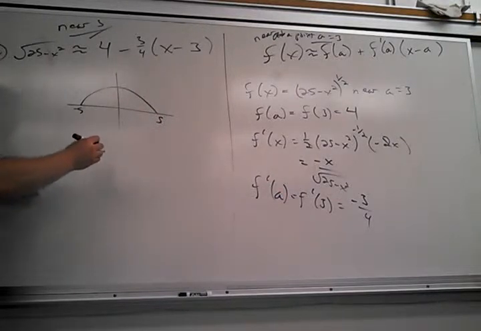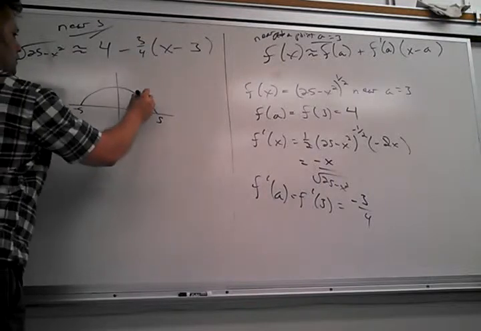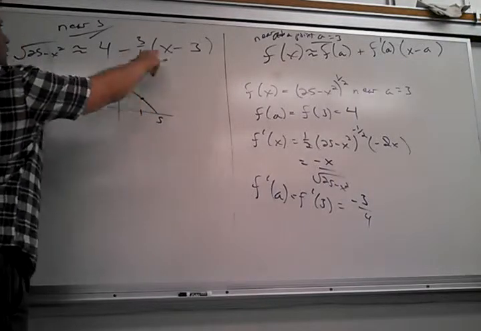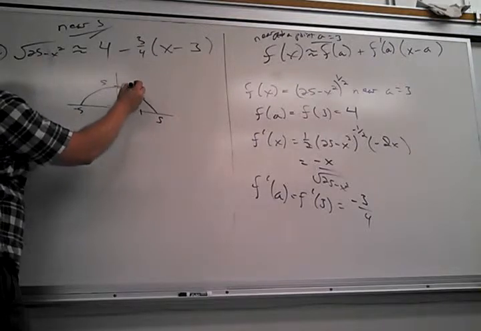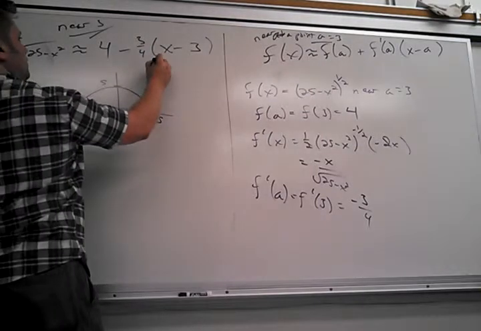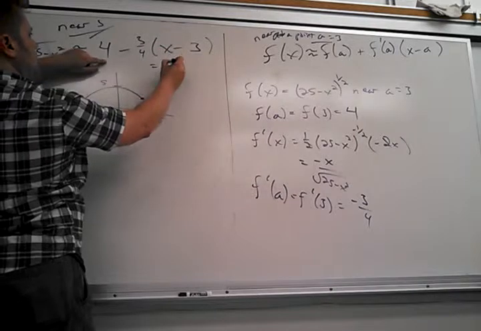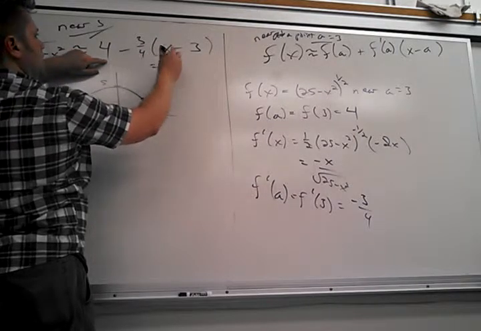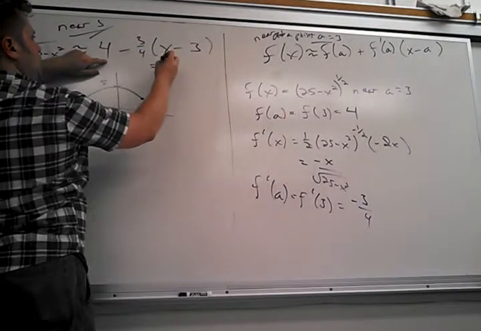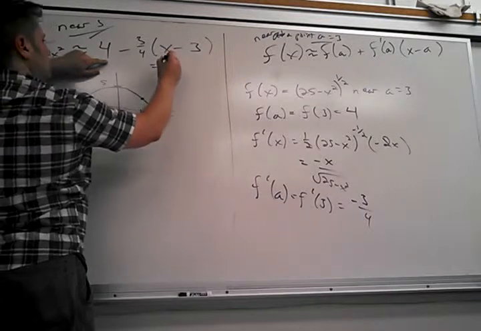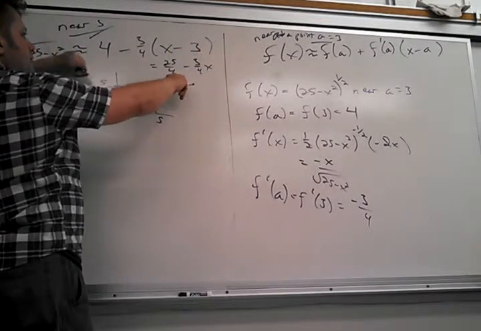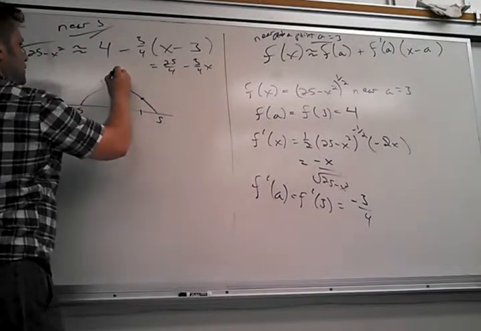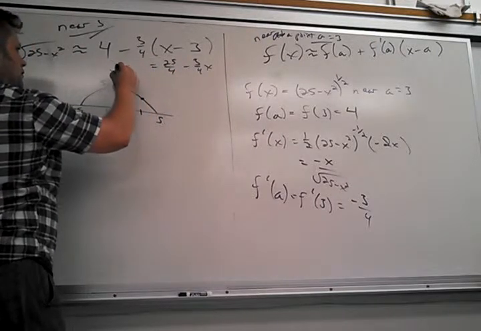And then at 3, so it should have a, if you did 4 minus 3/4 x, so let me see, what does this come out to be if you do this? 4 plus 9/4, 25/4 minus 3/4 x, and that's just a little over 6. So see how that kind of makes sense? Here it is like this.